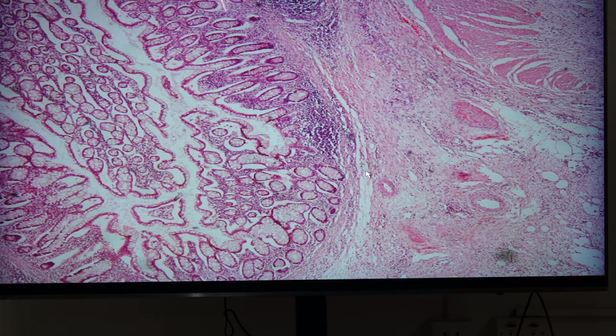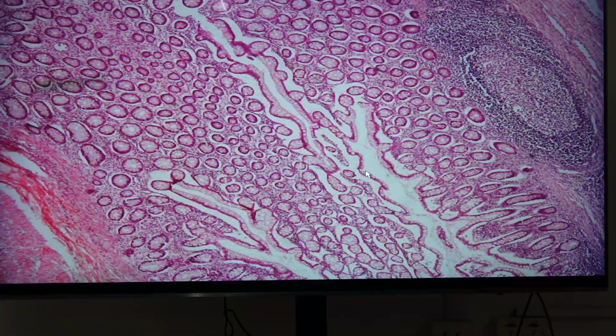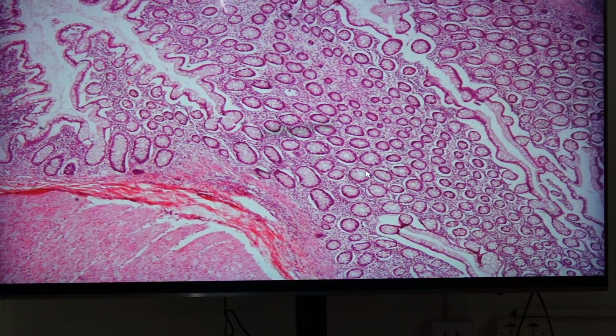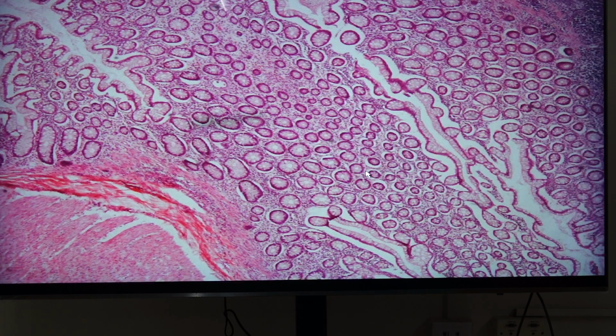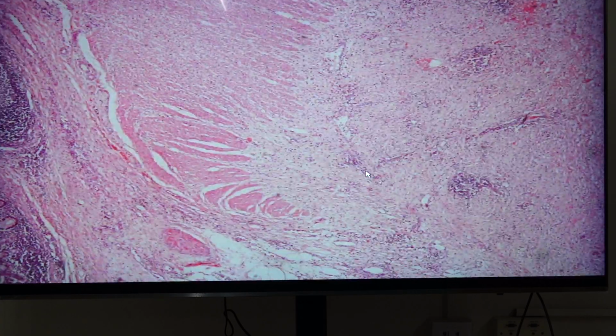If we are going to remove the fats on the serosal surface, we would be able to identify these finger-like projections, which would be consistent with diverticulum. So this is a diverticulitis.